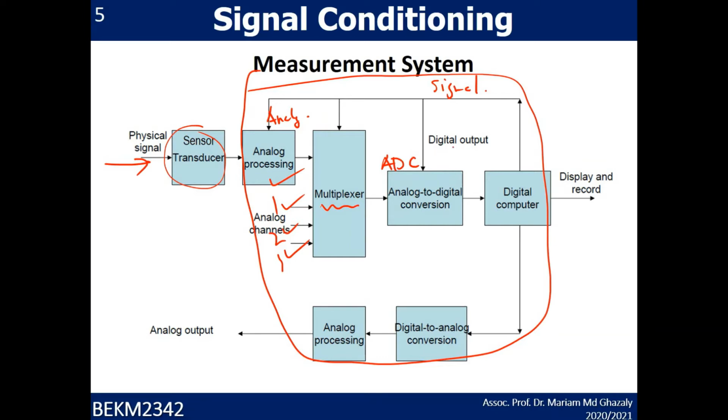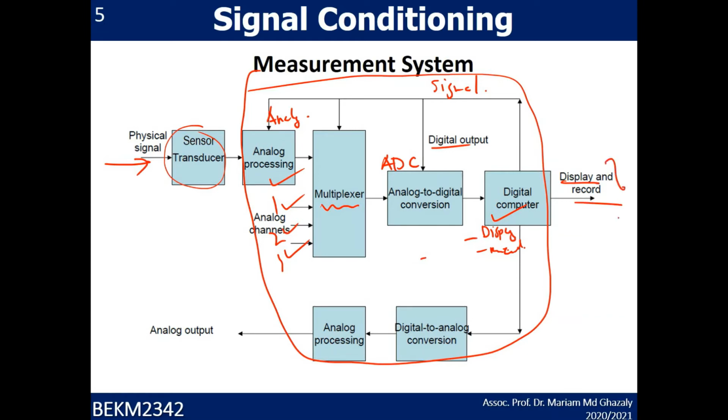Only after it is converted to digital output can it be read by the computer. A computer is also one type of data presentation system. This is where you can display your data, and you can record your data.